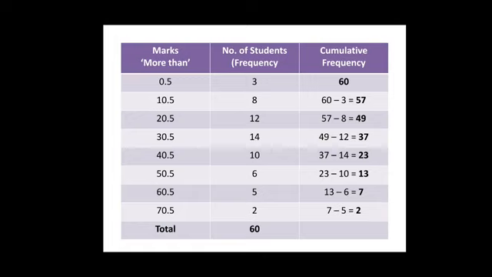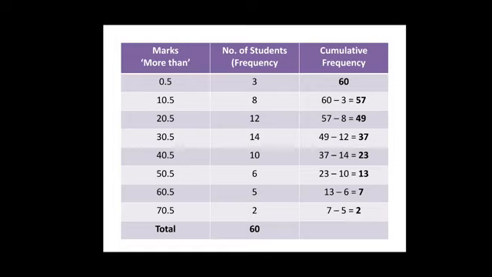Here in this table, the cumulative frequencies are given in the third column. Here we see the cumulative frequency of first class is equal to the total frequency, which is 60.